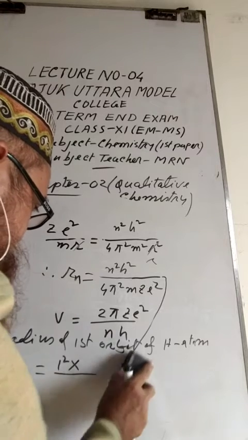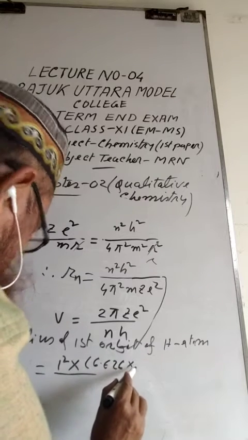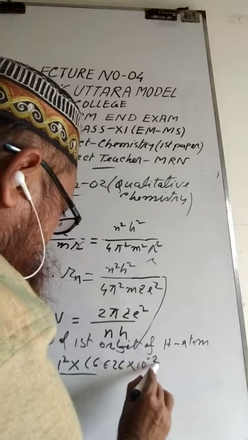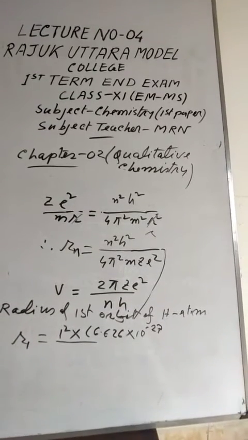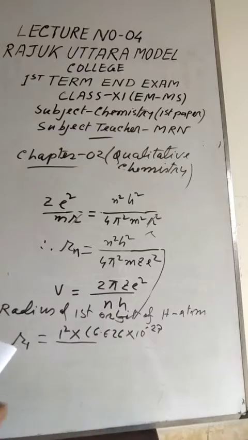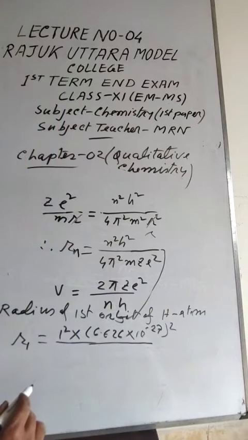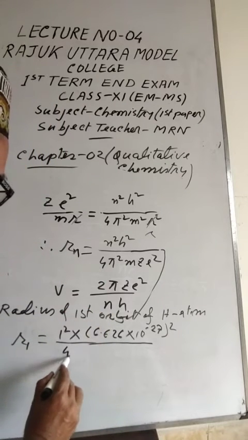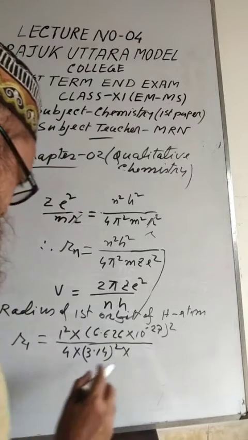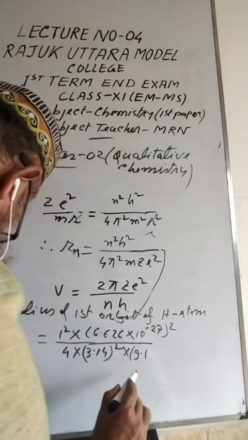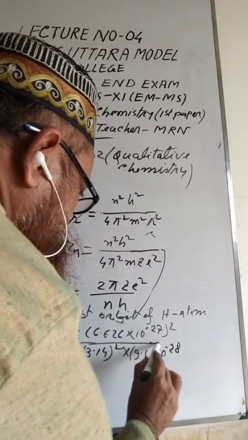Its value is 6.626 into 10 to the power minus 27 erg second, whole square, divided by 4 pi square, 3.14 square, and mass of one electron 9.11 into 10 to the power minus 28 gram.